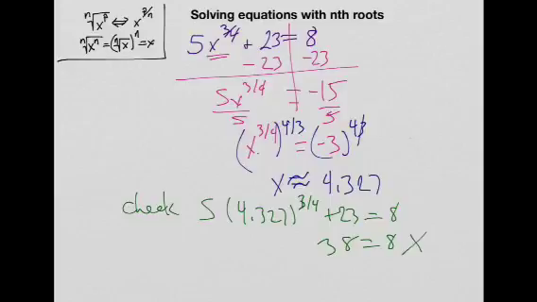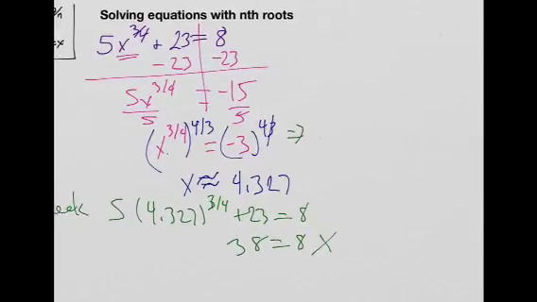And this might make a little bit more sense if we take this over into radical form. Because in radical form, we're saying the fourth root of x to the third equals a negative 3. And a fourth root is like a square root.